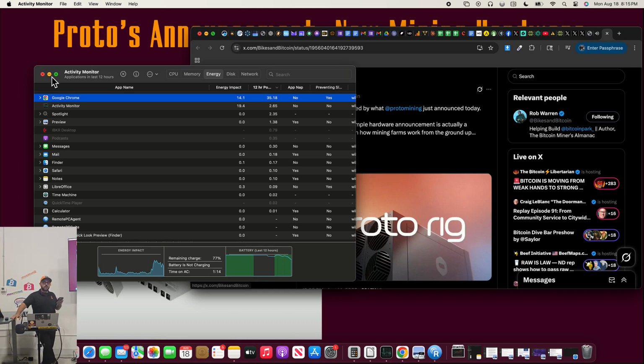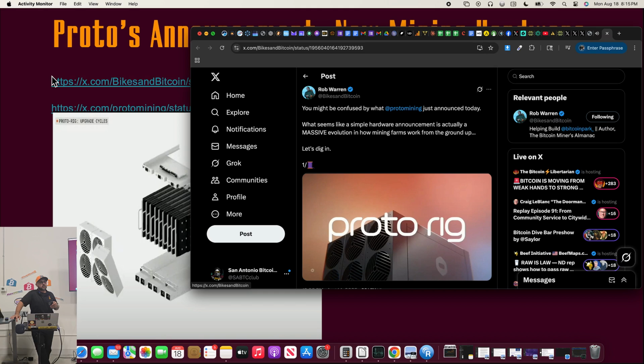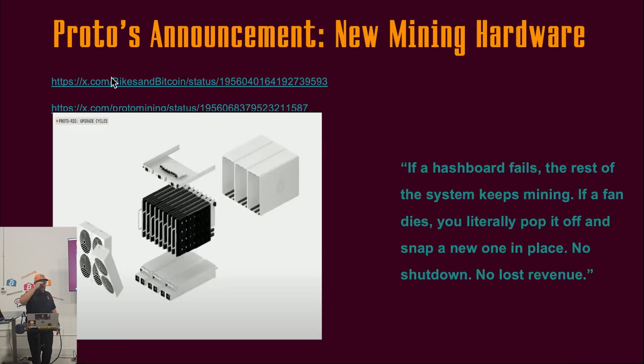And again, what Proto sees is about a 15 to 20% decrease in costs over about a decade, because you'll be able to use the same chassis and infrastructure of these miners for about a decade instead of the current life cycle of a miner, which is probably 3 to 5 years. So it's a really big difference, and I think this is going to be the way that a lot of miners, big and small, are going to start to go, just because it makes more sense economically.